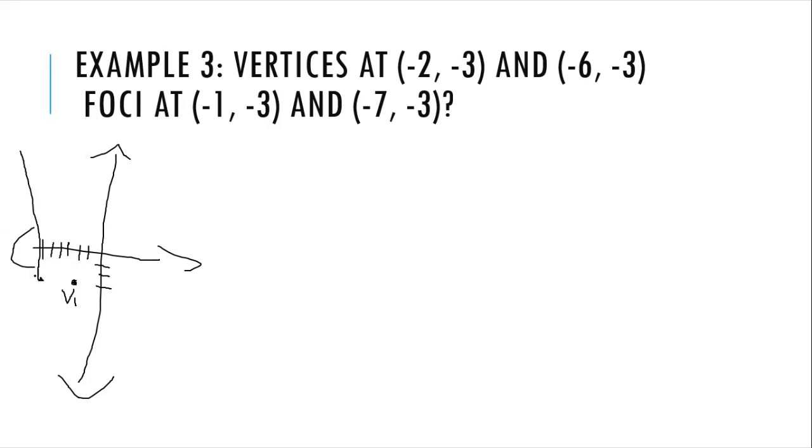So ang ating pong hyperbola is naka-horizontal na naman po ang kanyang transverse. So from here, negative 2, 1, 2, 3, 4. So 4 steps po ang binilang ni vertex 1 to be in vertex 2. So 4 divided by 2, we can have 2. Okay, a squared is 4.